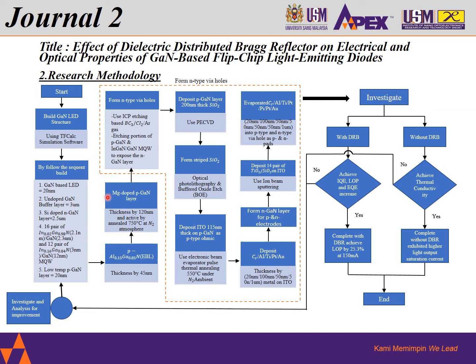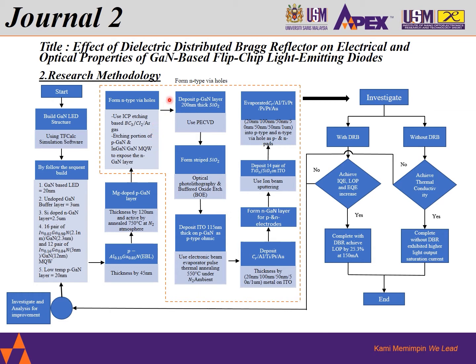Here is the formation of the N-type via hole. To form the N-type via hole for the next process, we will use ICP etching with BCl3, Cl2, and Ar gas, etching a portion of the p-GaN and InGaN/GaN multi-quantum well to expose the N-GaN layer.